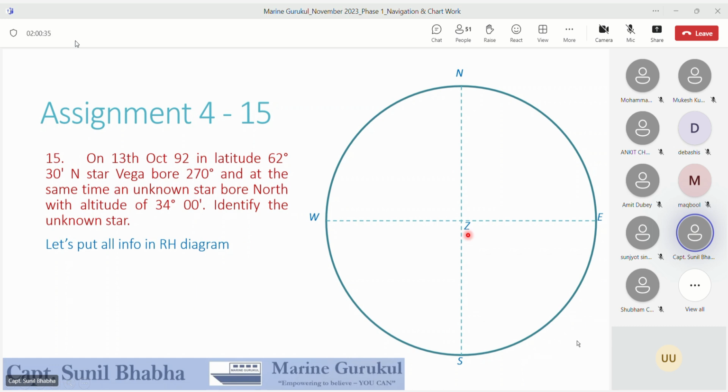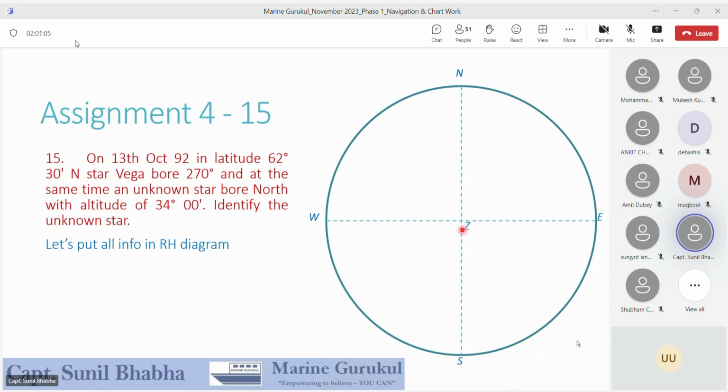Irrespective of where the observer is or where the body is, these 5 points NESW on the rational horizon and point Z at the center remain at these locations only. Now in this question they have given us the latitude. The latitude is 62 degrees 30 minutes north. So it tells us that the zenith will be north of the equinoctial or the Q point.